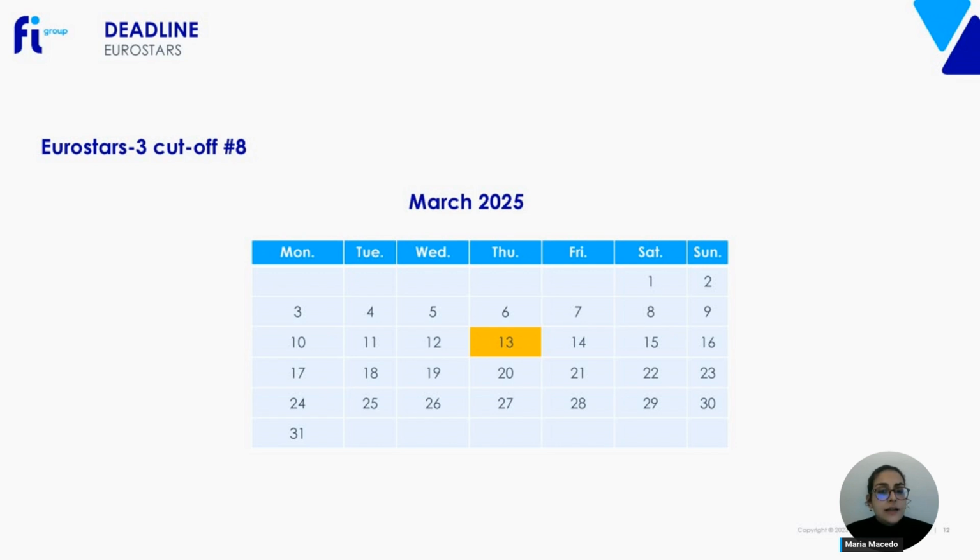And as I said, in Eurostars there are usually two cutoffs per year, so we expect to have another one usually by September.